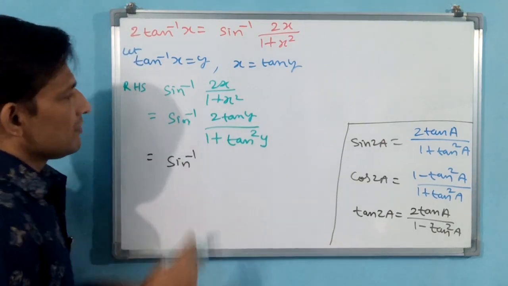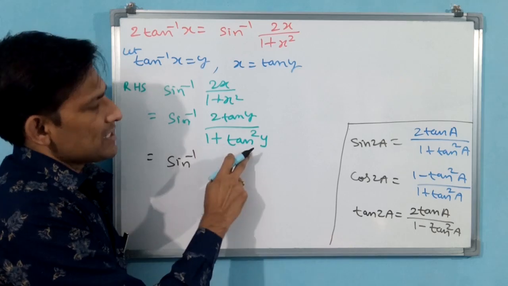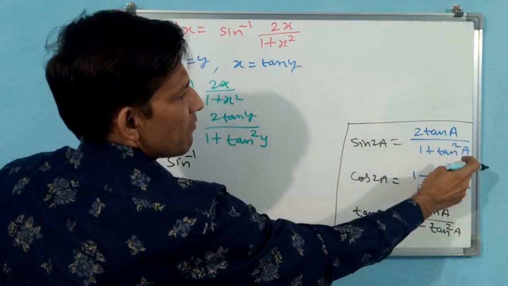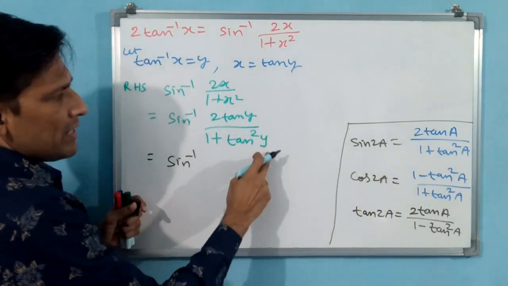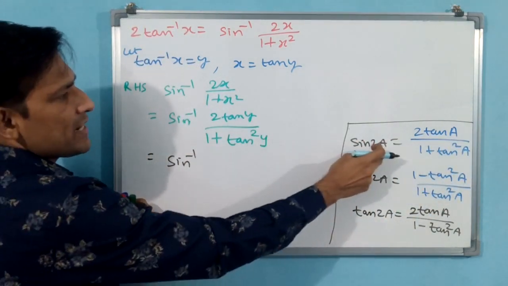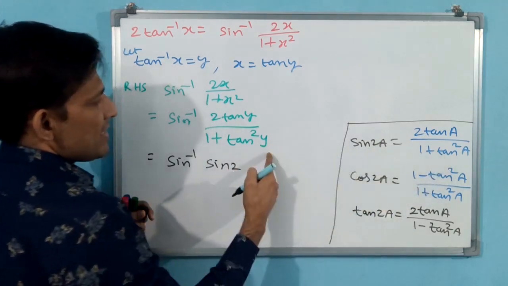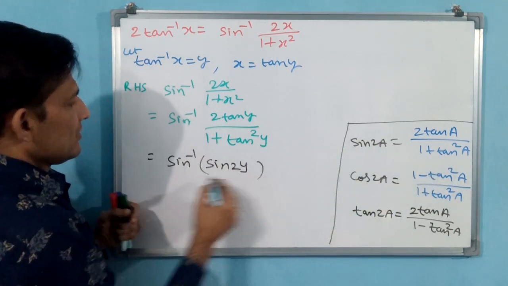Sin inverse same will come, 2 tan y by 1 plus tan square y. You see here 2 tan a by 1 plus tan square a. Y, a, y, a. That means you can write sin 2a, sin 2y.